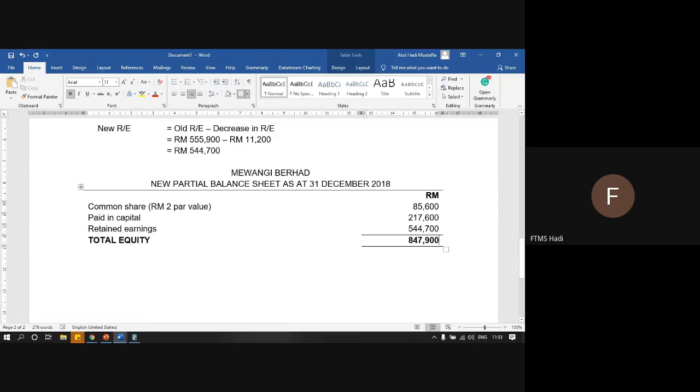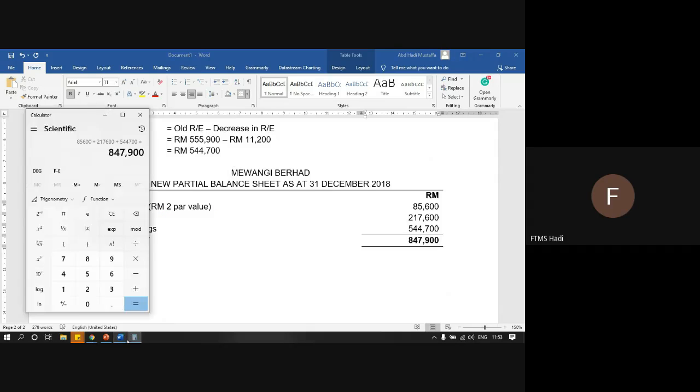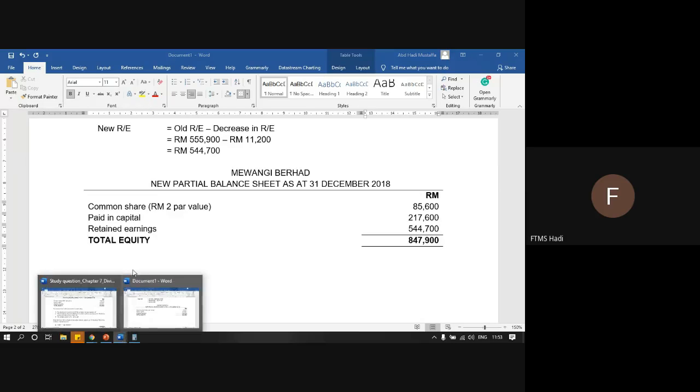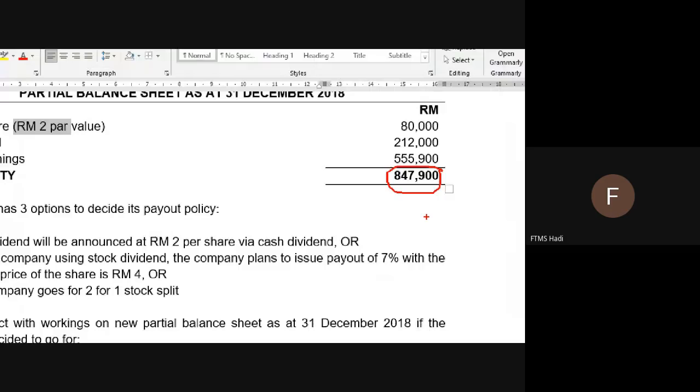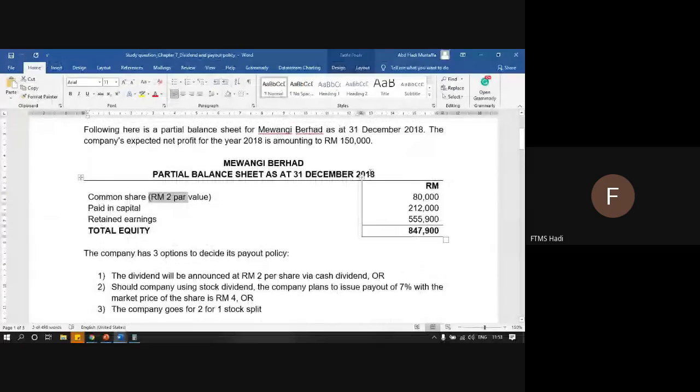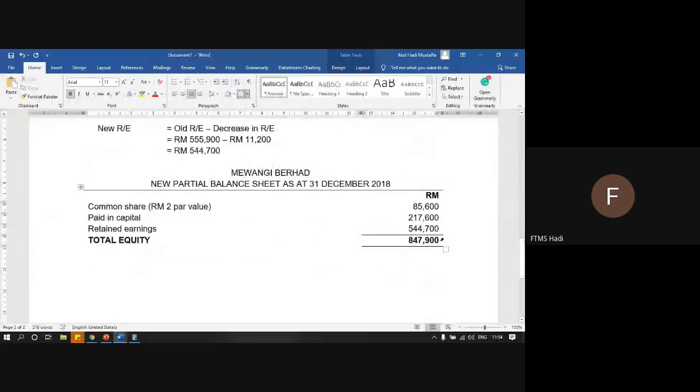All right. So as you can see, the effect is paid in capital increases and retained earnings decreases. Let's compare with the question, just to check to see the magic. As you can see, the total equity is 847,900 from the question. Your answer is 847,900 also. It means that your working and final answer are correct.